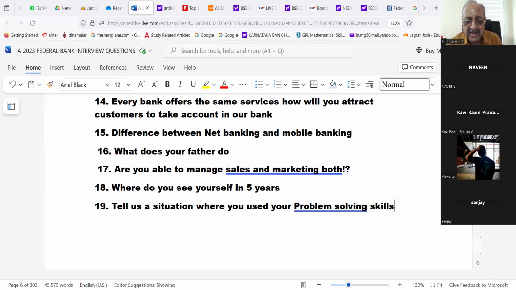The condition was that the ketchup manufacturer wanted tomatoes of a particular color. It should not be too ripe, it should not be less ripe. It should be at one stage. So he asked one of his representatives to stay in the garden itself to do surprise checks over the tomatoes collected.